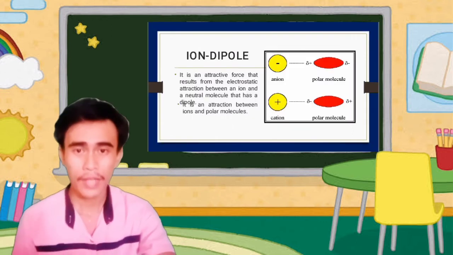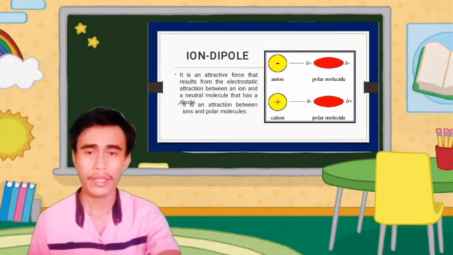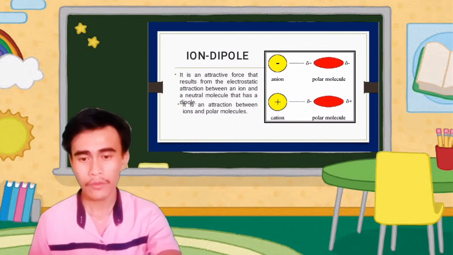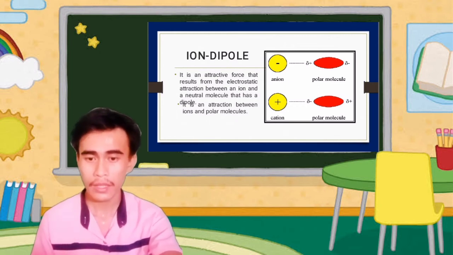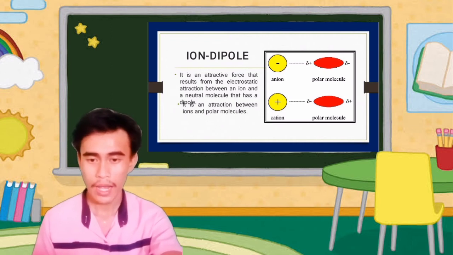So let's proceed to the ion dipole. Ion dipole is an attractive force that results from the electrostatic attraction between an ion and a neutral molecule that has a dipole.